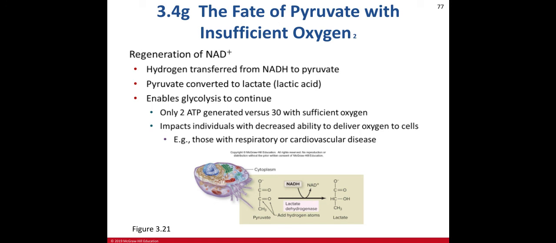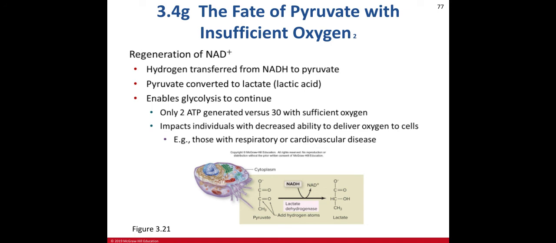How do we do that? Well, fermentation. So we're going to transfer the NADH to pyruvate. Pyruvate makes lactic acid. And when we do that, we're going to get back our NAD plus that we can add hydrogen to. And we only make 2 ATP, which is not much, but it allows our cells to keep some energy source.